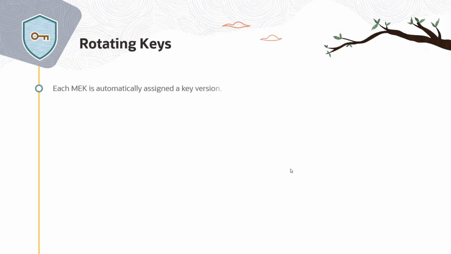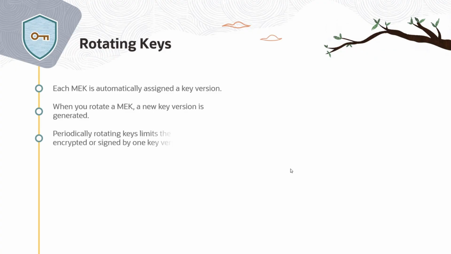Now, as we discussed, each key is automatically assigned a key version when you create a key for the first time. When you rotate a key, a new key version is generated. Periodically rotating keys limits the amount of data encrypted or signed by one key version. It's kind of a best practice, and it reduces the risk if a key is ever compromised.